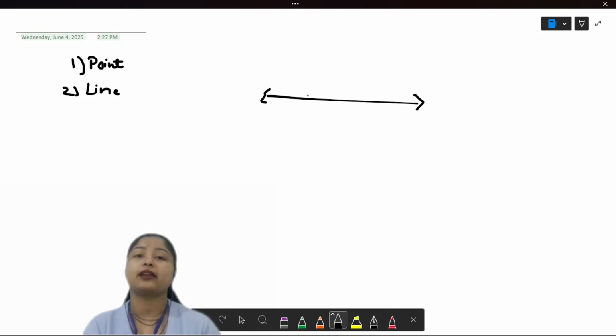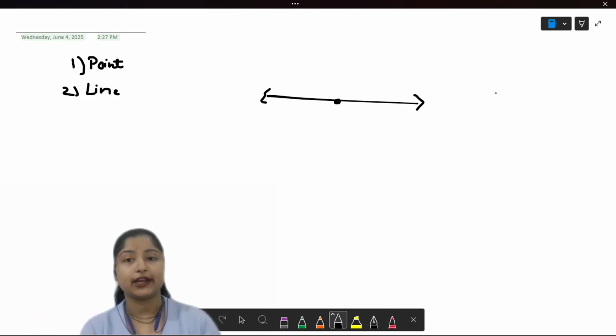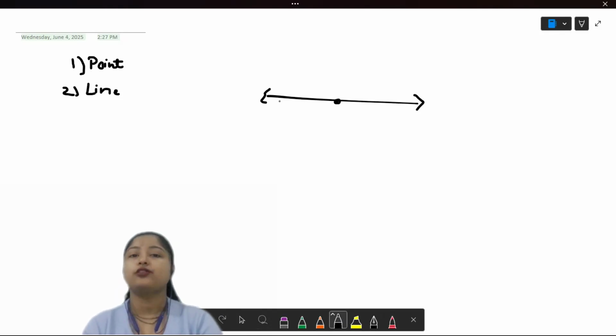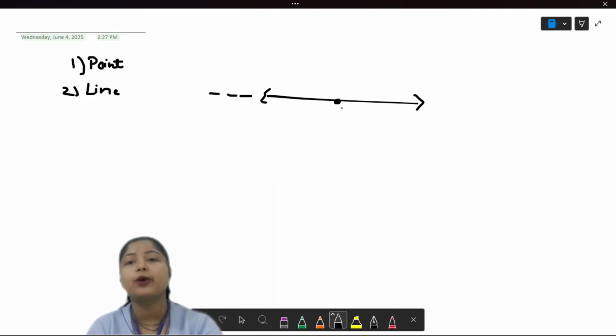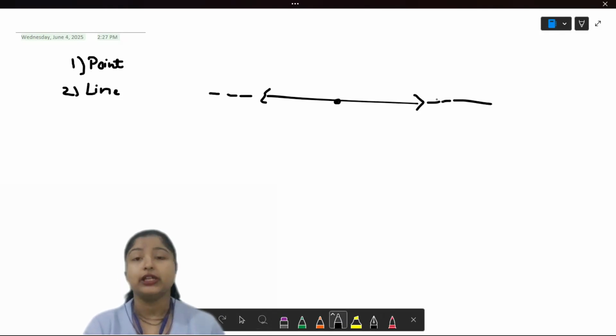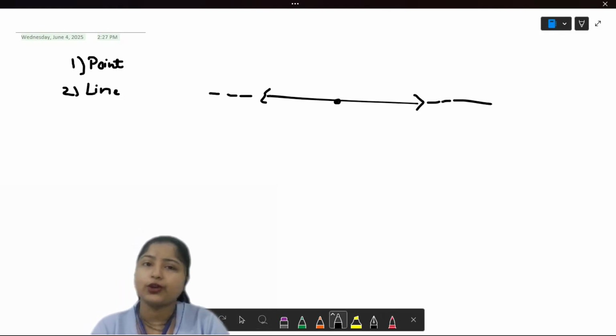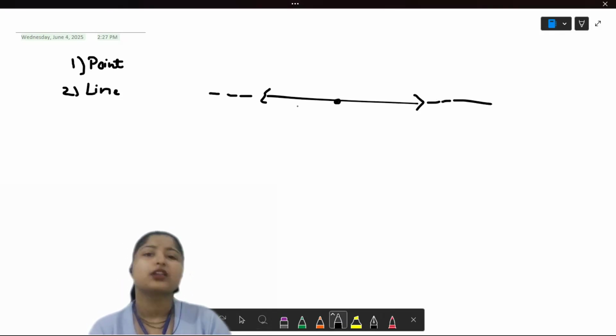It is also made with the help of points. So if you want to extend this line, you can extend it this way or this way. It's totally correct.